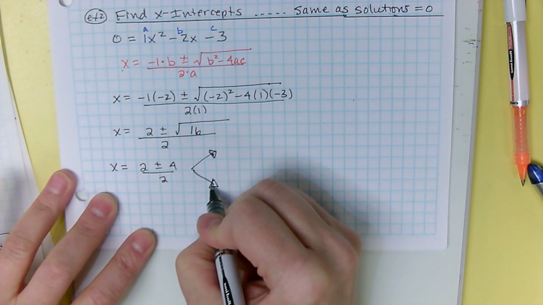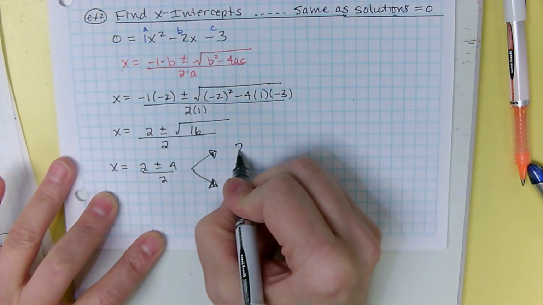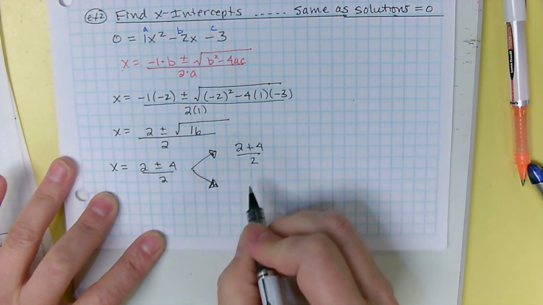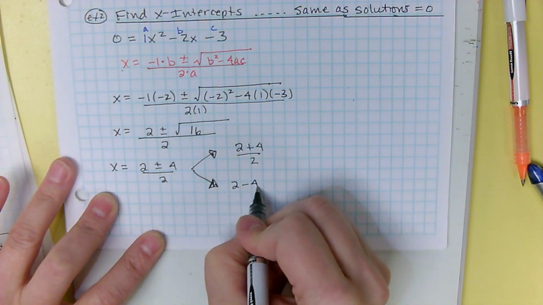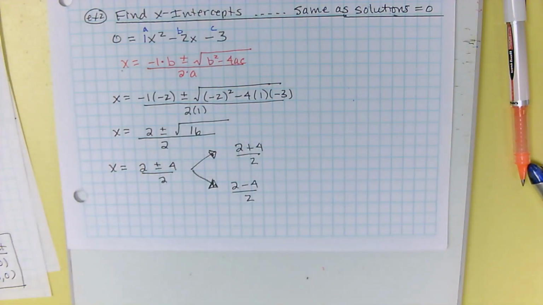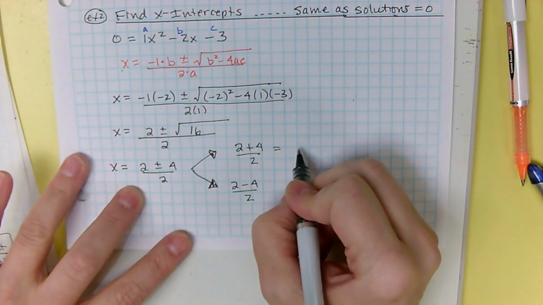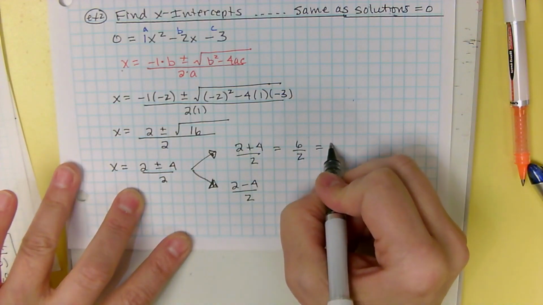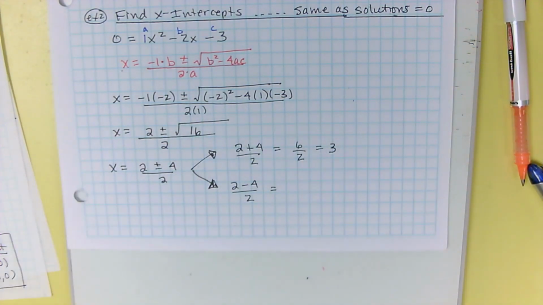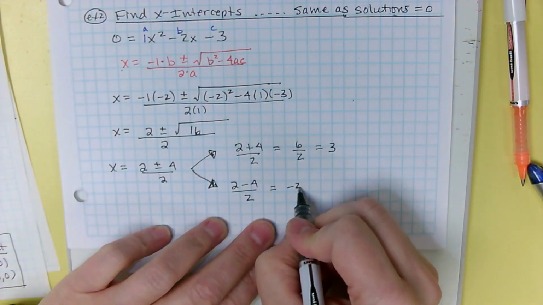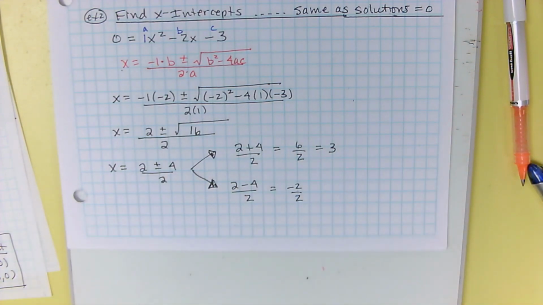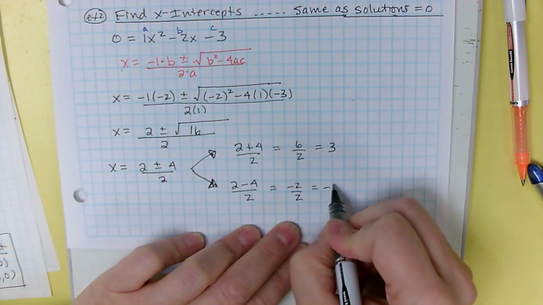So we're going to split this into 2 plus 4 over 2 and 2 minus 4 over 2. One gets the plus, one gets the minus. On the positive, 2 plus 4 is 6, divided by 2 is 3. On the negative, 2 minus 4 is -2, and -2 divided by 2 is -1.